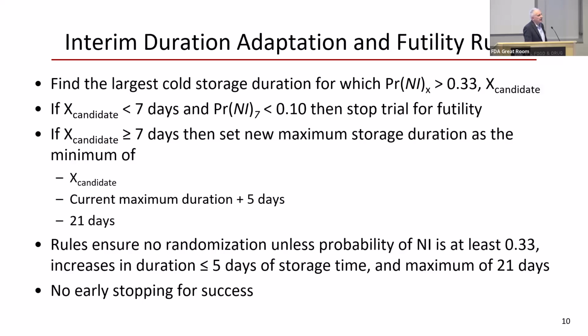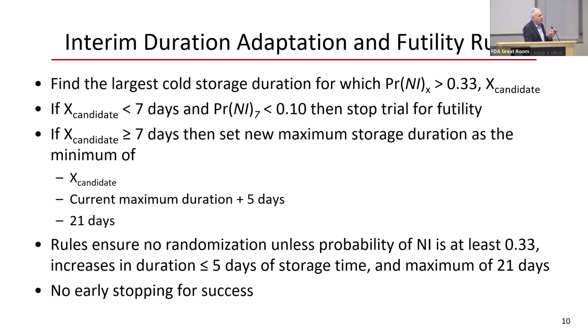But if the candidate duration of maximum storage is greater than or equal to 7 days, then we take the minimum of 3 possibilities for the new storage duration for the next 200 patients: either the candidate time of storage itself, the maximum duration plus 5 days, or 21 days.